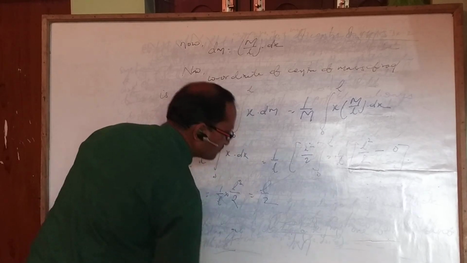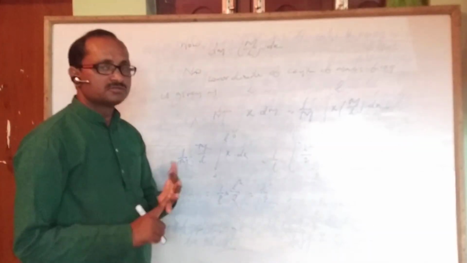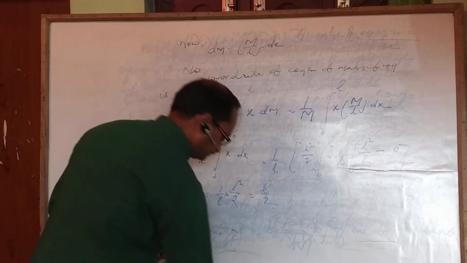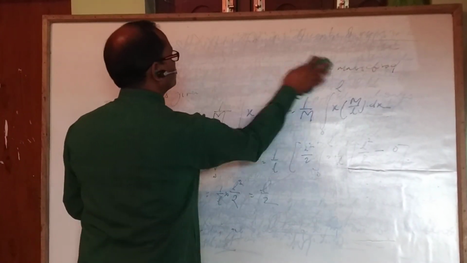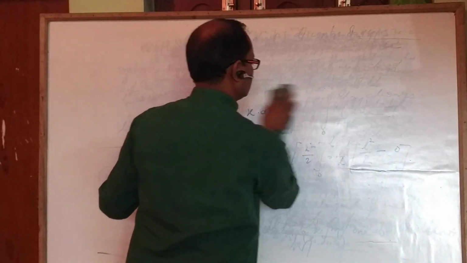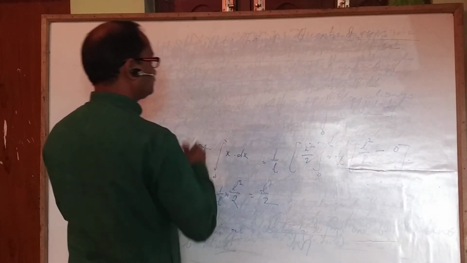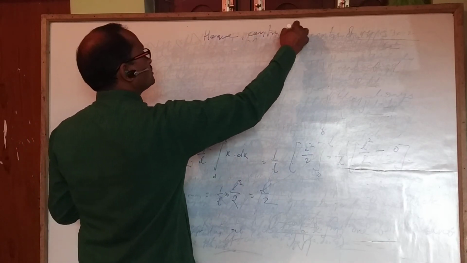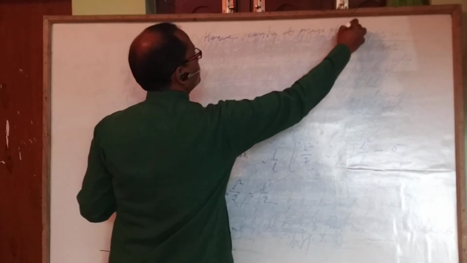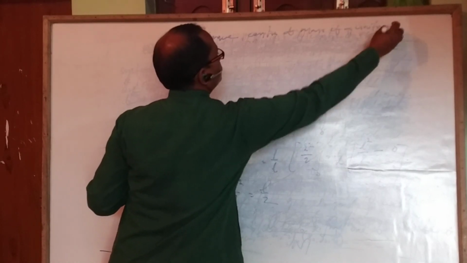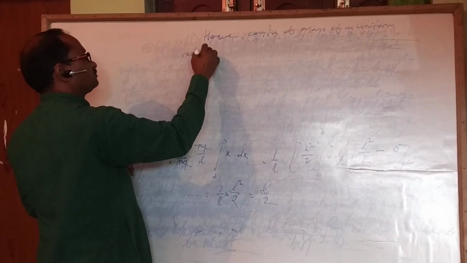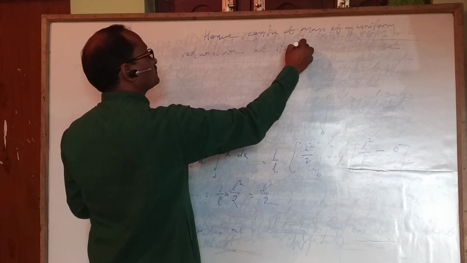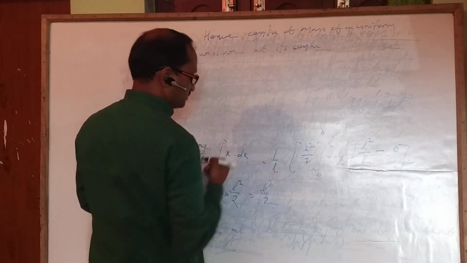Hence, coordinate of center of mass is L by 2, that is center of mass of uniform rod will be at its center.